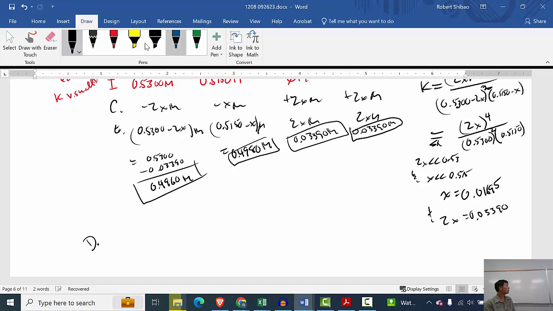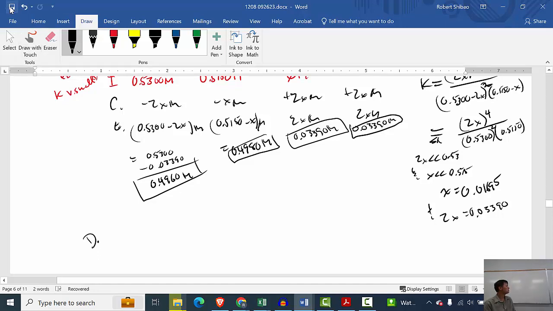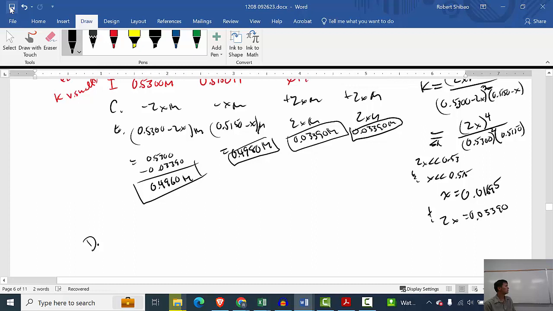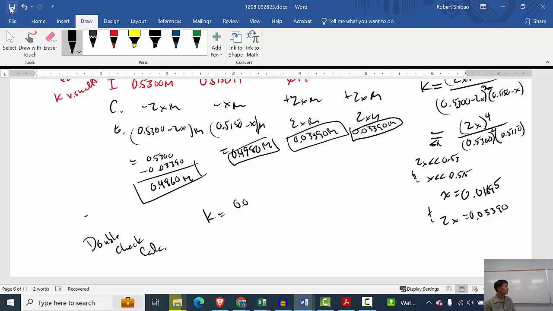Next, what I want to do is double check my calculation. The way I do that is I just calculate the K. So this is 0.03390 to the fourth, 0.4960 squared, 0.4980.